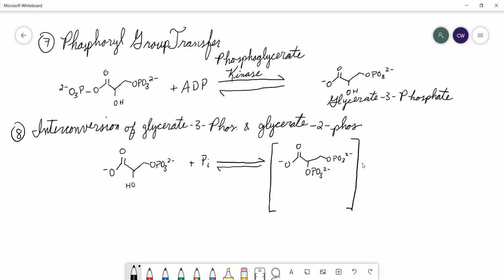Okay? And then in the next equilibrium step, we lose an inorganic phosphate by addition of water to get glycerate 2 phosphate.